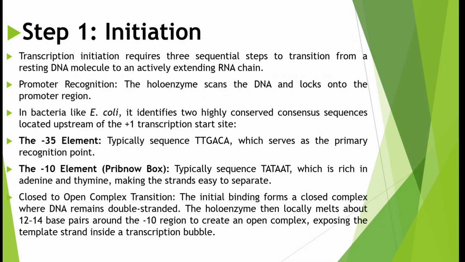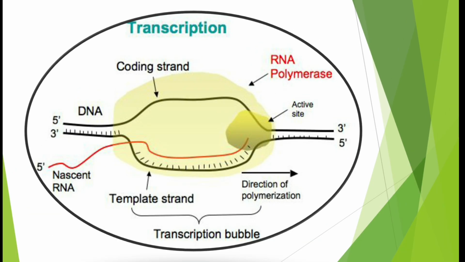Then the holoenzyme locally melts about 12 to 14 base pairs around the -10 region to create the open complex. It exposes the template strand inside the transcription bubble, opening the transcription start site to start the transcription process.